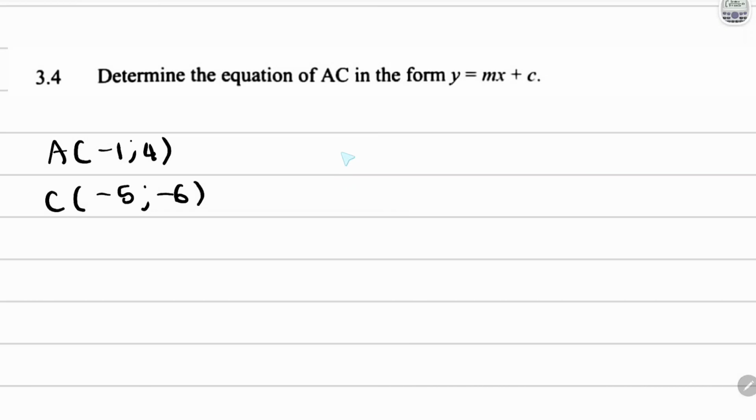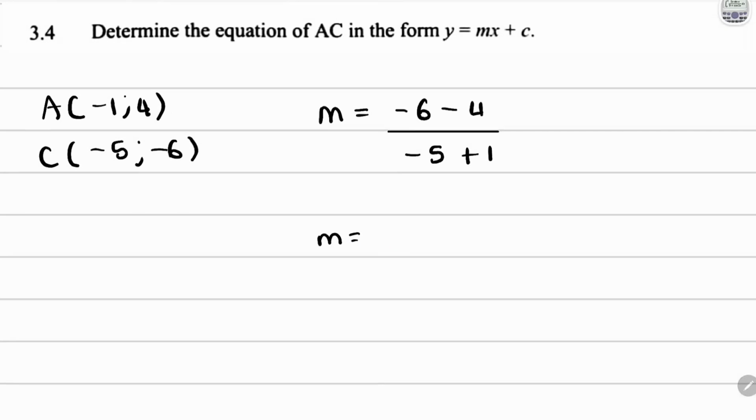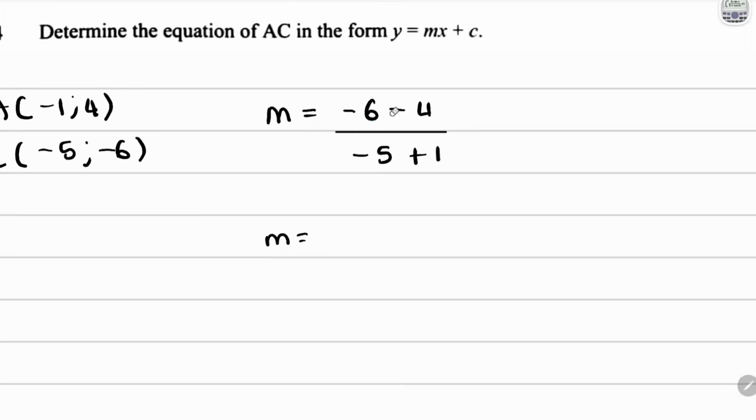So let's go ahead and find the gradient first. So the gradient is equal to (y2 minus y1). I'm not going to write the formula again because we already have it. So y2 is -6 minus 4, over, and then the x2 and x1. So that's -5 minus -1, which becomes a +1, of course. Okay, so you can use your calculator to simplify that. When you simplify that, that gives you a -10, right?